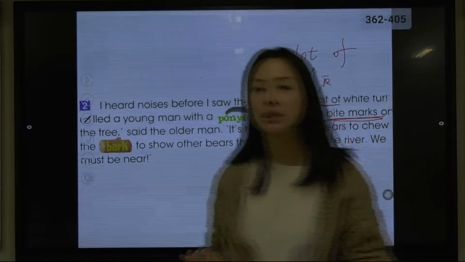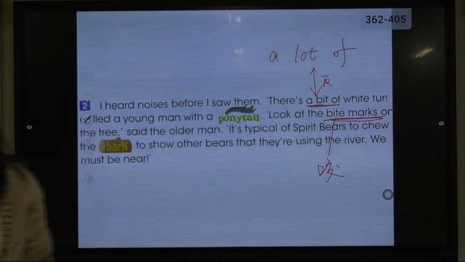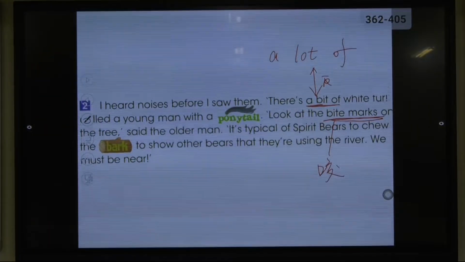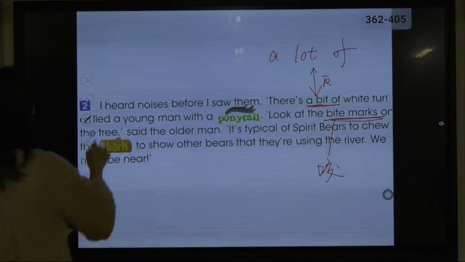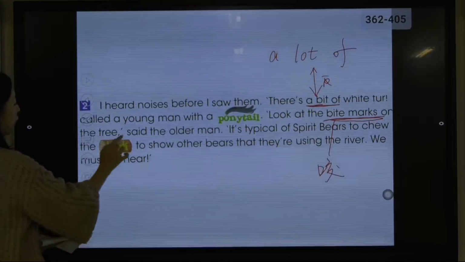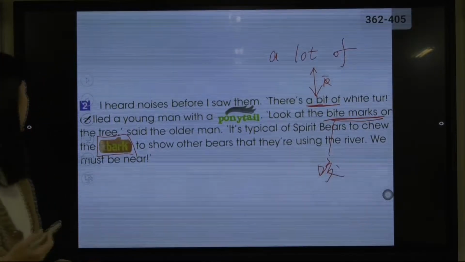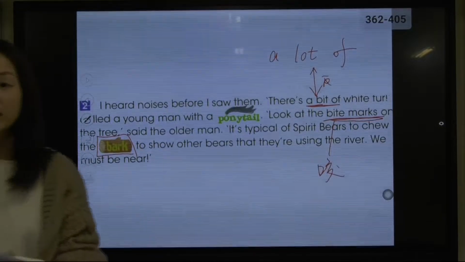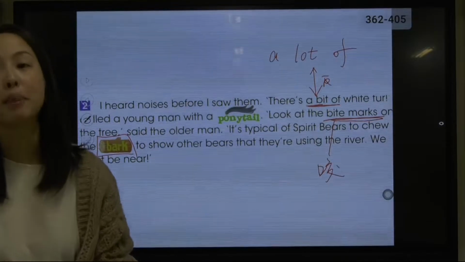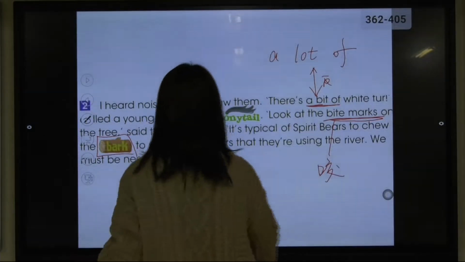Okay, so bite marks on the tree, said the older man. It is typical of spirit bears to chew the bark. Okay, if you look at the picture here, you should know the meaning of bark. To show other bears that they are using the river. We must be near. So they are looking for the bears.